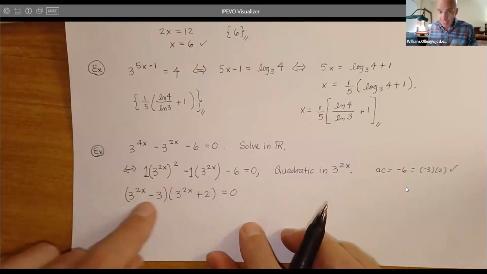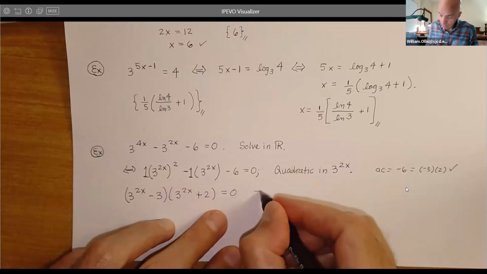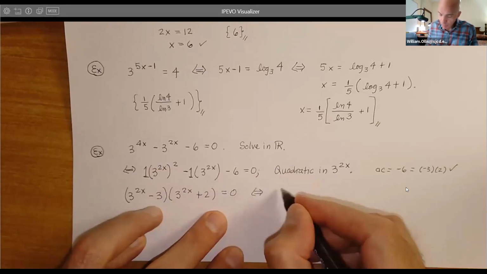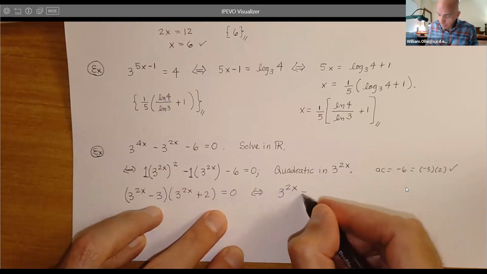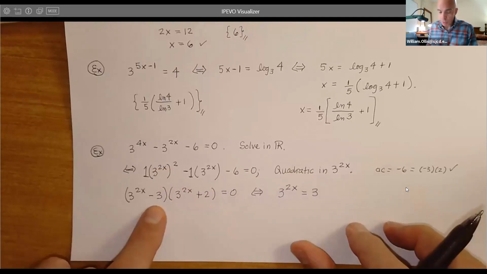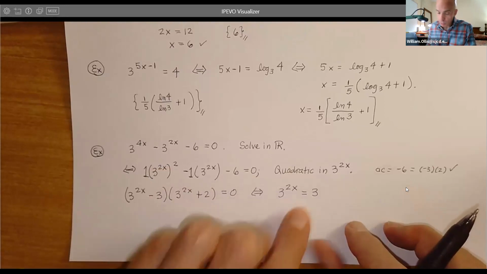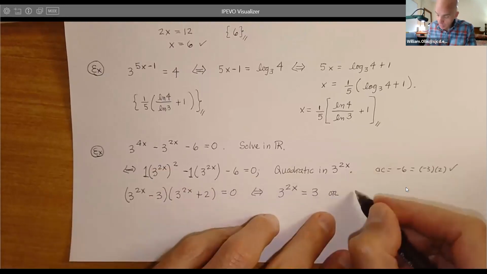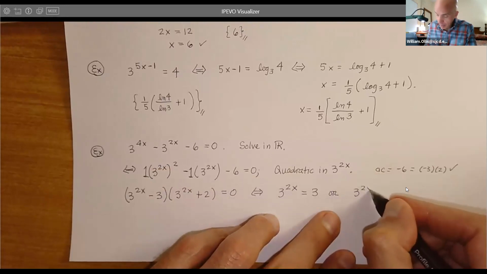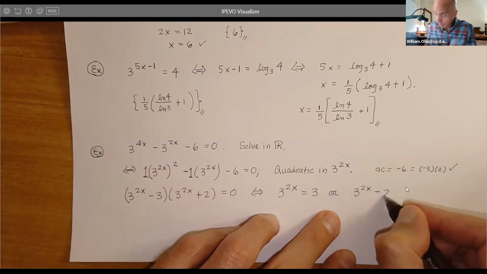And so now we have the zero product. So that means we set each of the factors to 0. So this will mean that 3 to the 2x equals 3, or 3 to the 2x equals -2.